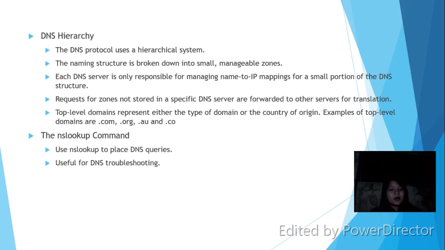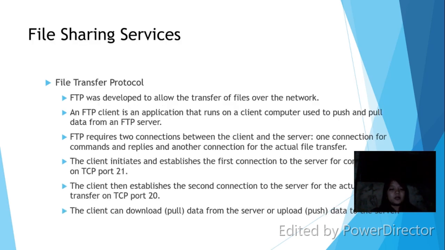The nslookup command. Use nslookup to place DNS queries. Useful for DNS troubleshooting. File sharing services. File Transfer Protocol. FTP was developed to allow the transfer of files over the network. An FTP client is an application that runs on a client computer used to push and pull data from an FTP server.